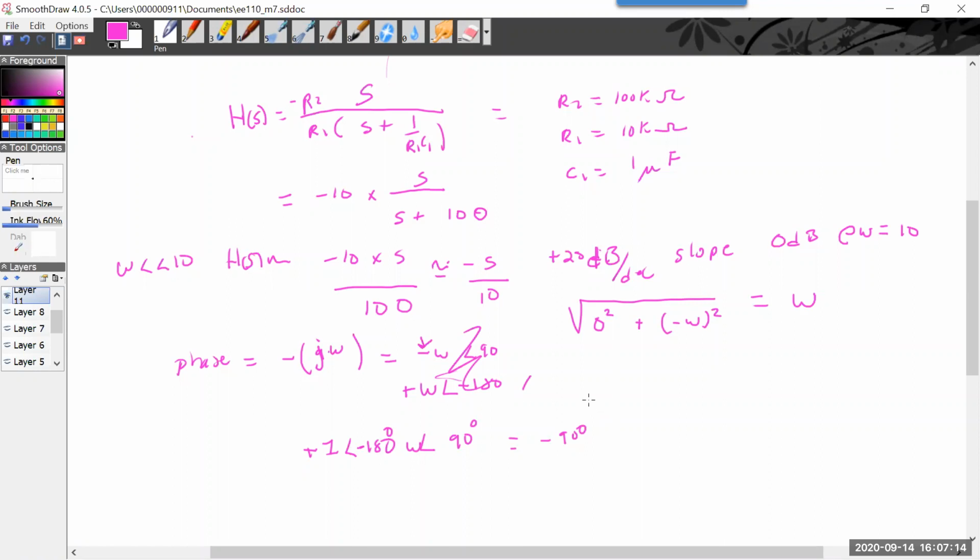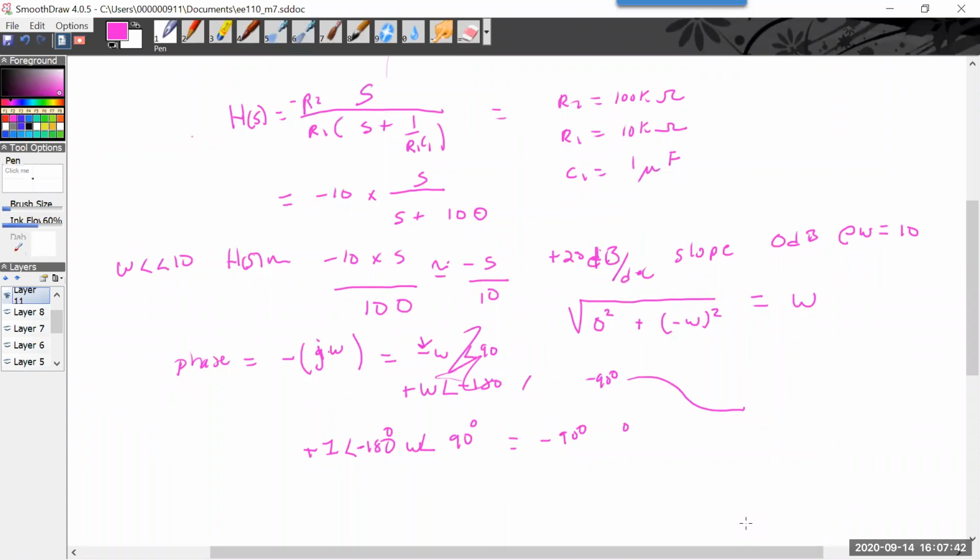When you have these inverting amplifiers, the phase is 180 out of sync. So a first order high pass filter would go from 90 degrees down to 0, but when you invert it, it goes from minus 90 degrees down to minus 180.